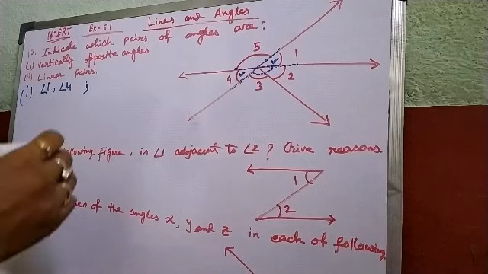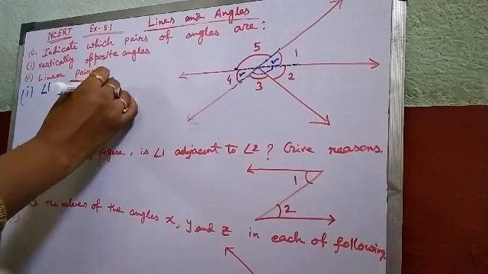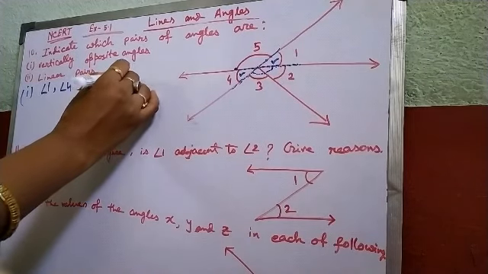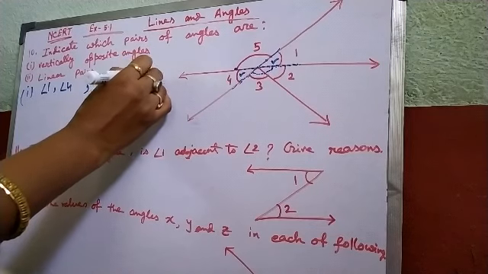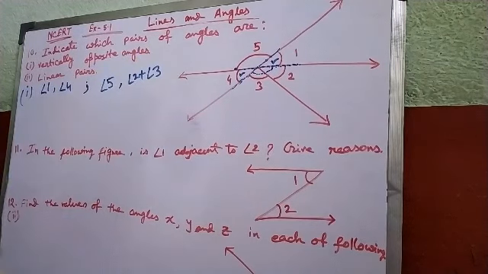So we can write that angle 5 and angle 2 plus angle 3 are also vertically opposite angles.